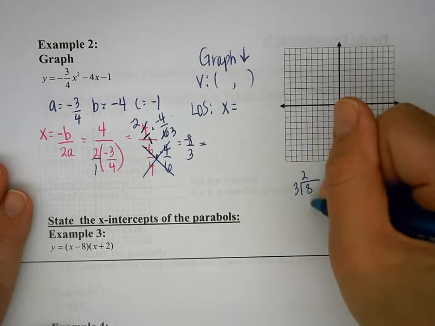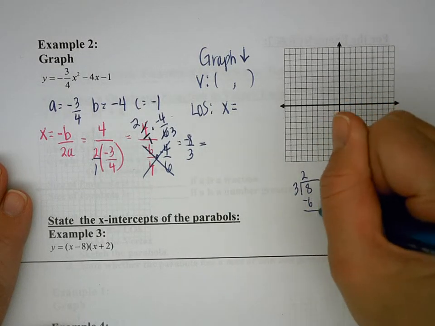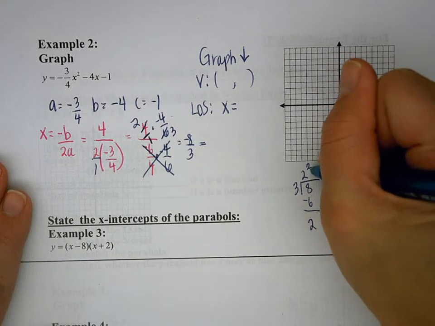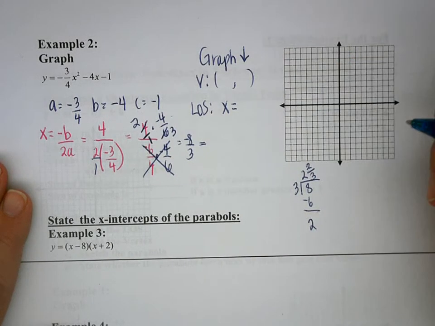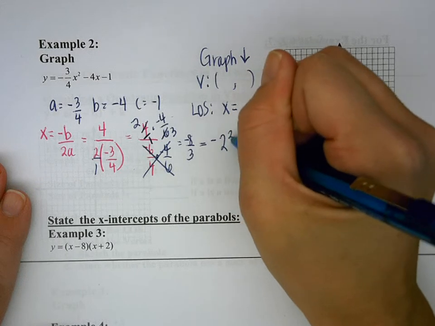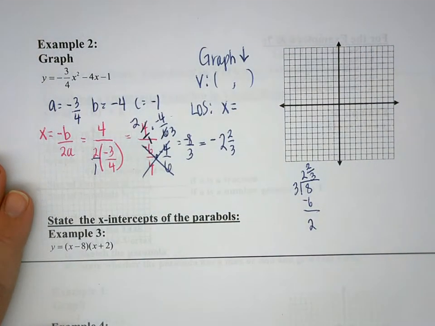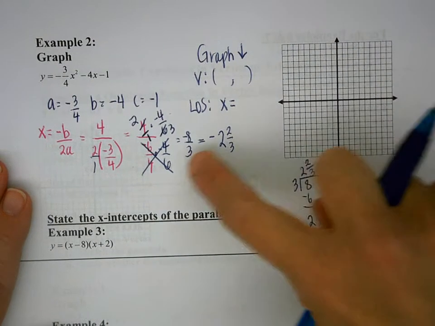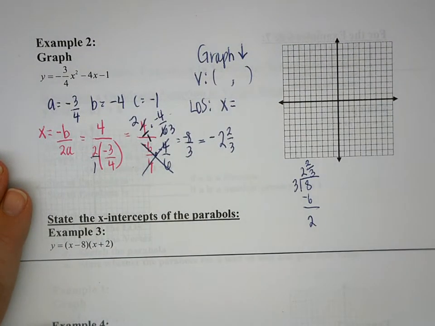We multiply that by 3 to get 6, so we're subtracting 6, right? 2 left over. So that's 2 and 2 over 3. So negative 8 over 3 is the same thing as negative 2 and 2/3. It's much easier to find negative 2 and 2/3 on the graph than it is to find negative 8 over 3. Do you guys agree with me?